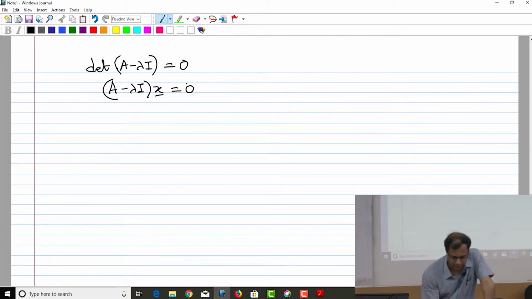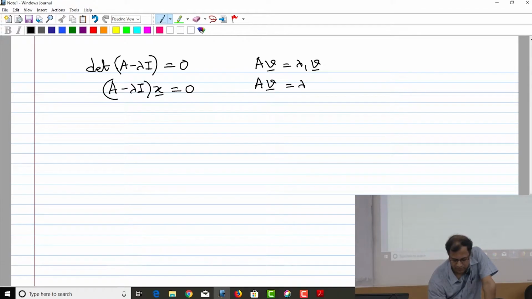We have to show that, suppose there are two eigenvalues corresponding to one eigenvector. So suppose lambda 1 and lambda 2 are the two eigenvalues corresponding to one eigenvector, say V. AV is lambda 1 into V, AV will be lambda 2 into V. Okay.